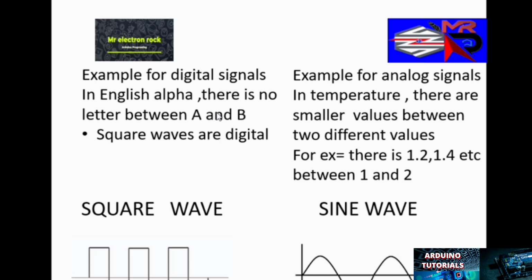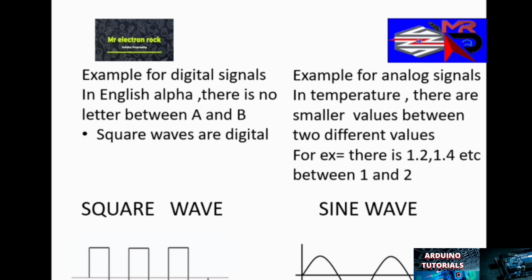Let's see an example for digital signals. In the English alphabet there is no letter between A and B. That means between A and B you don't have any other letter, so they are digital. Digital signals are transmitted in the form of square waves. An example of an analog signal is temperature, where there are smaller values between two different temperatures.